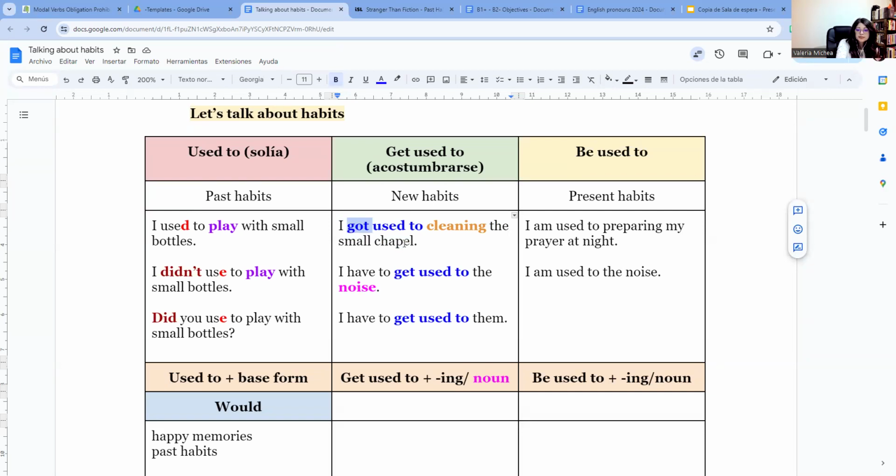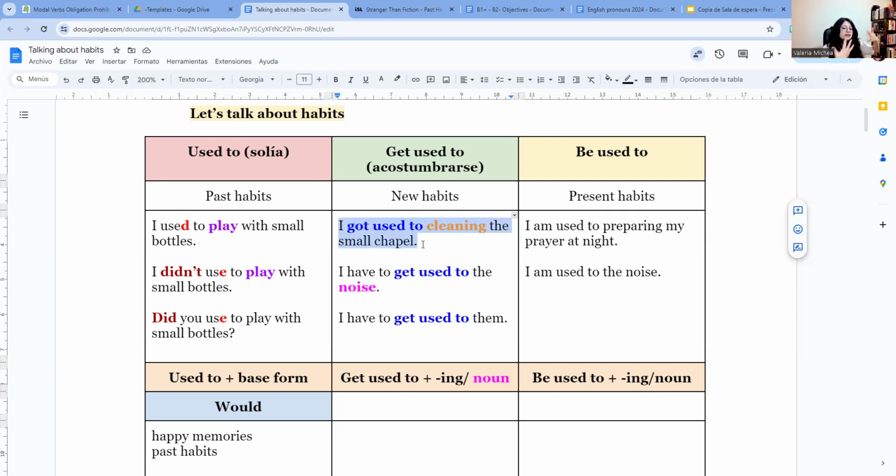Yeah, so it is very important to remember this structure. It's get used to ing form. Get used to, acostumbrarse. Yeah, related to something that is quite new. So when I say I got used to cleaning the small chapel, why is this a new habit? Because when I say this, I know that it's not something that you used to do in the past, like a habit that you had for a long time.